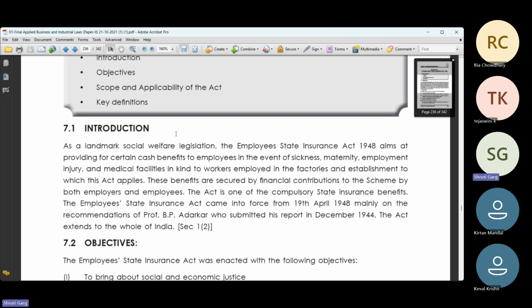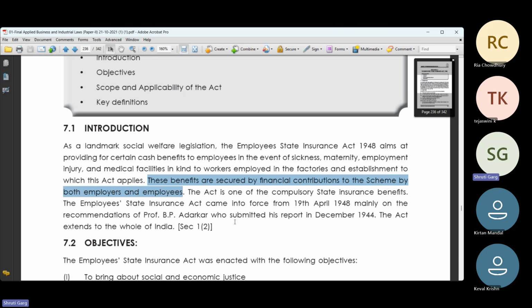The Employees State Insurance Act aims at providing certain cash benefits to employees in the event of sickness, maternity, employment injury, or some kind of medical facility in kind to workers employed in the factories and establishments to which the act applies. And these benefits are secured by financial contributions to the scheme by both employers and employees.